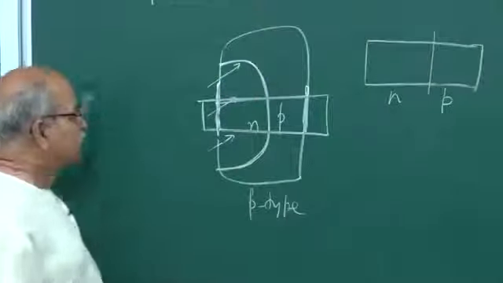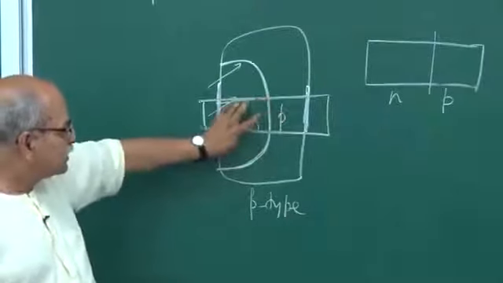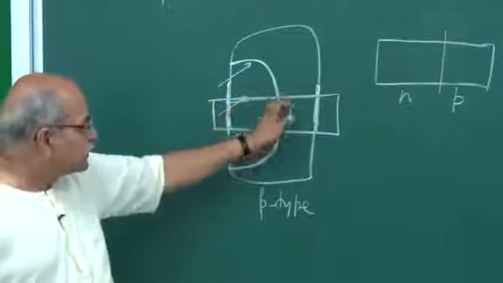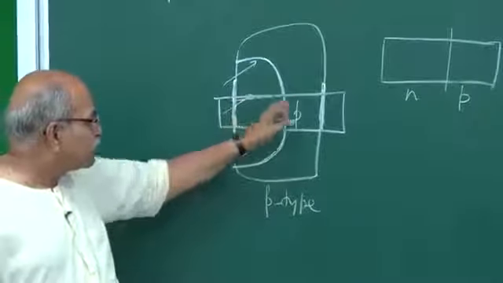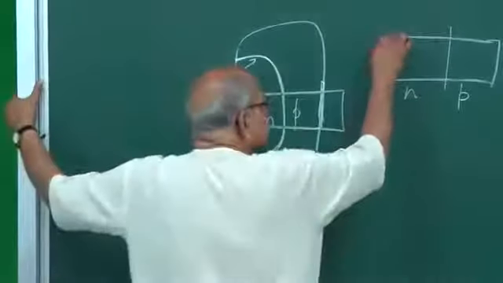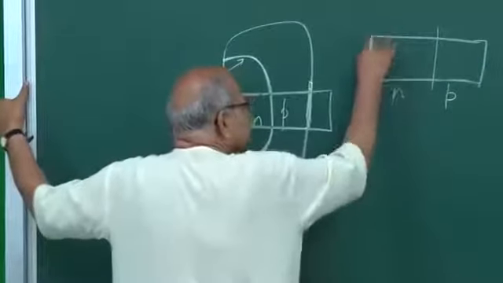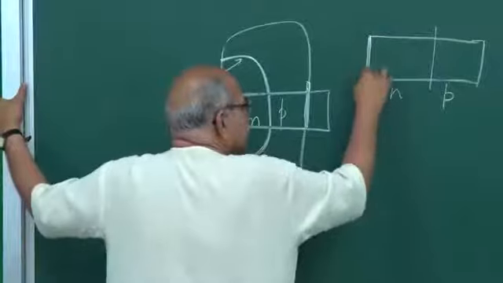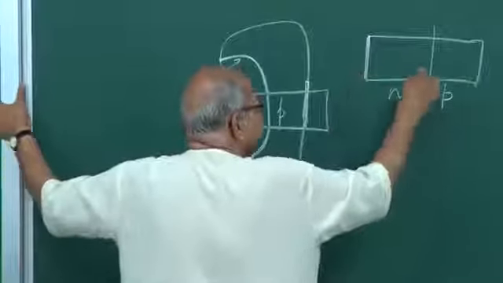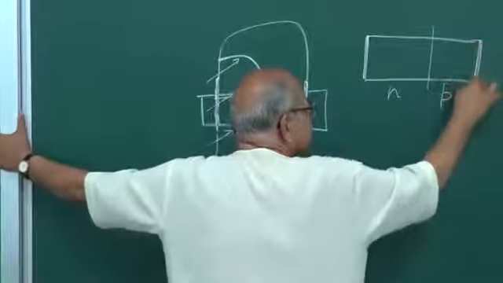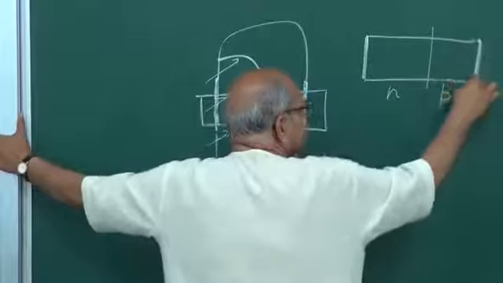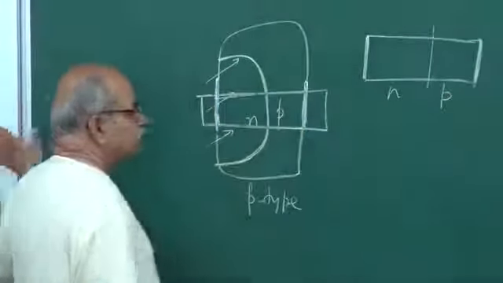So, what I will be actually showing is this portion, this is n type, this is p type, here is the junction, here is the metallic contact, here is the metallic contact. I'll represent this as a metallic contact. You will assume that you have a metallic contact here, you have a metallic contact here. So, this is the situation.